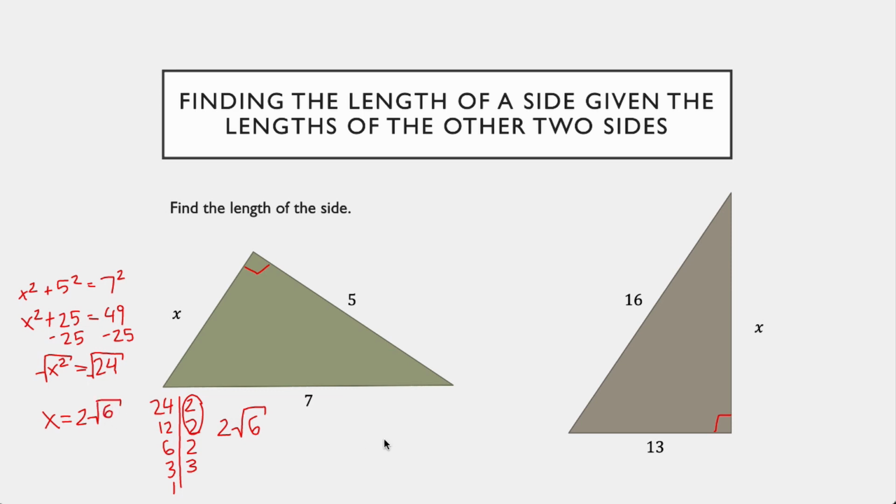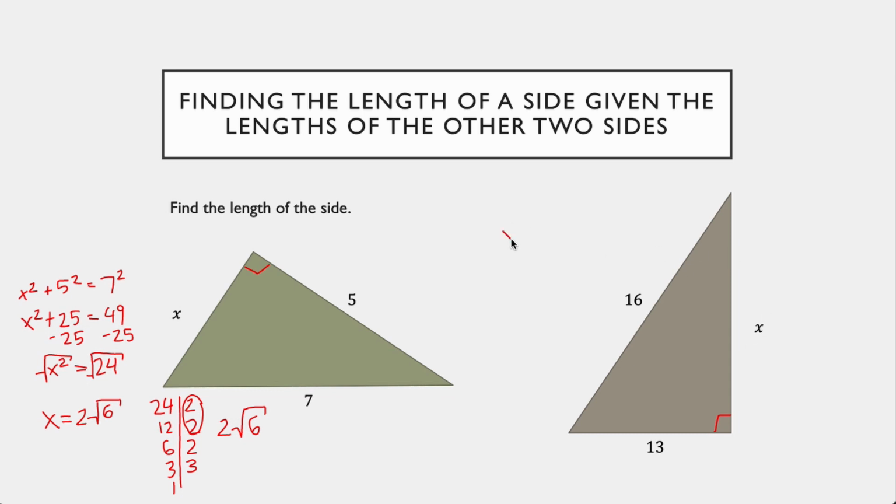Boom. Let's try the second one, and again, before I show you the steps, I encourage you to pause the video and try it out. Alright, let's do it. So we're figuring out for this side. Again, let's put x as a.